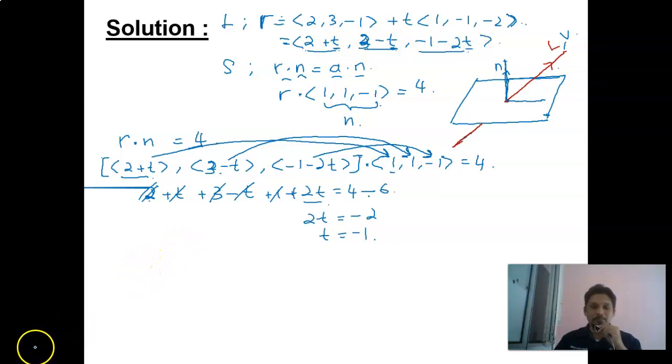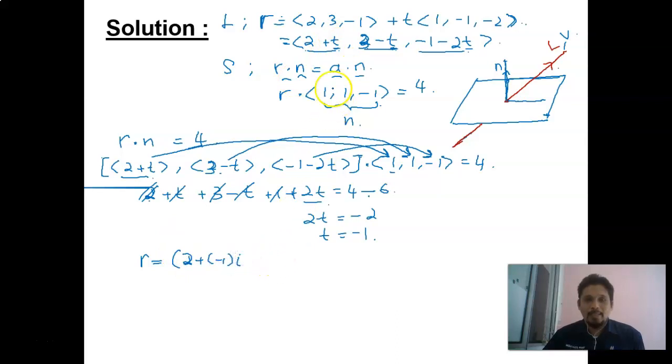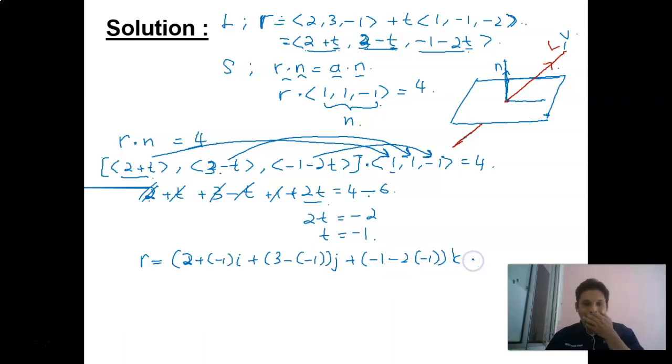So then R equal to 2 plus negative 1 for i, 3 minus t for j, and negative 1 minus 2 times negative 1 for k.